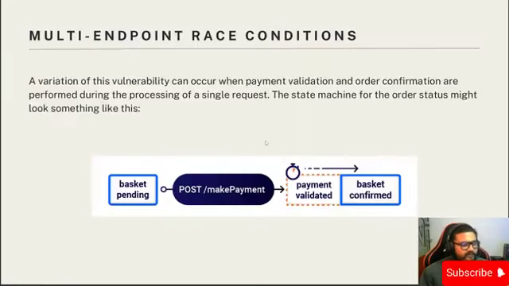So let's move to the slide. That's what I'm showing here. If a basket is pending, meaning in the cart you have a low value item and you make a payment, then some time will be taken during payment validation. But during this time, if you add some other item to the cart, there is a potential chance that the item will also be confirmed by the server.